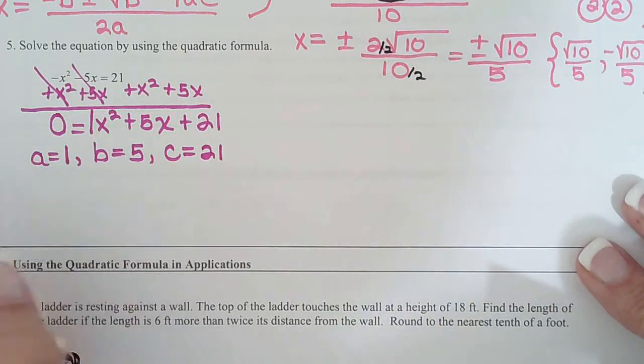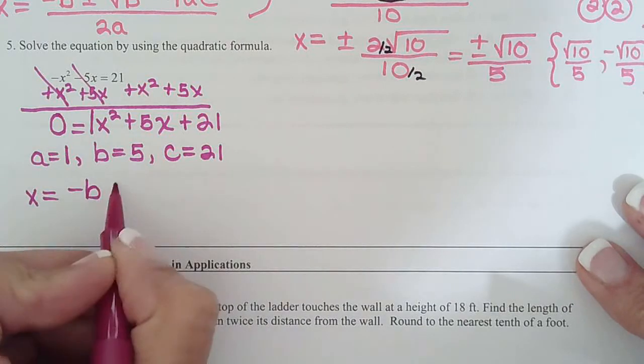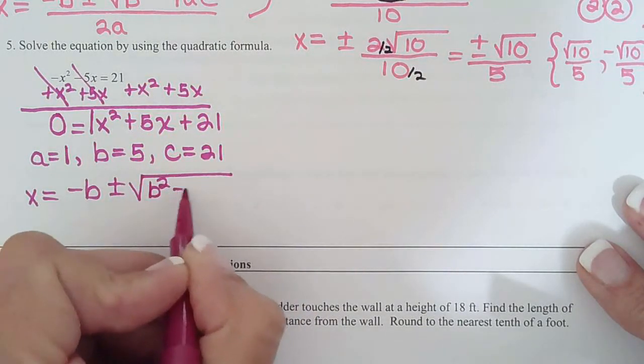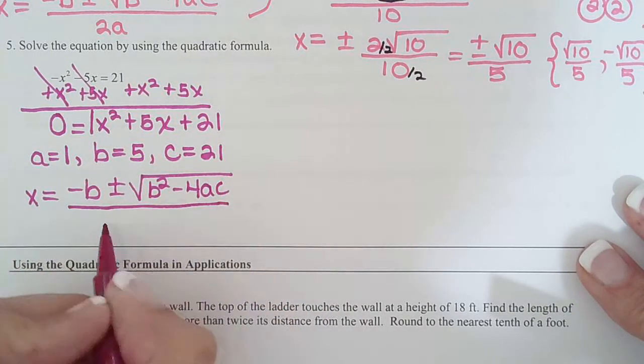And let's write our quadratic formula. Opposite of B plus or minus square root of B squared minus 4AC all over 2A.